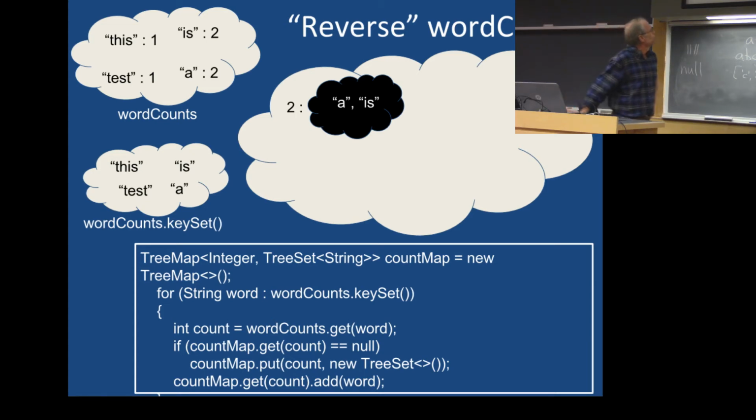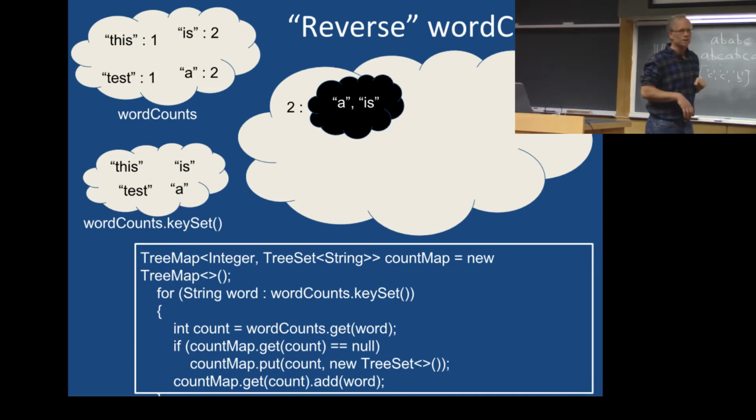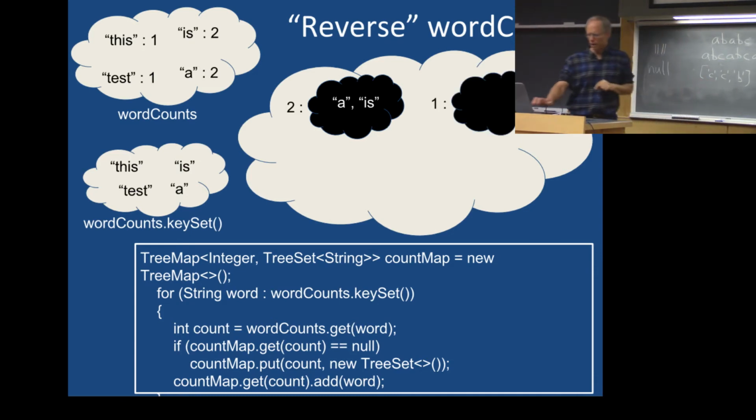And then once it exits the if statement, it'll add this to the set. So we look up test, we find out it occurs one time. We look up 1 over here, and we find it's not there. And so we map 1 to the empty set. Then we go to the very last line of code. It gets that empty set out and adds test to it.